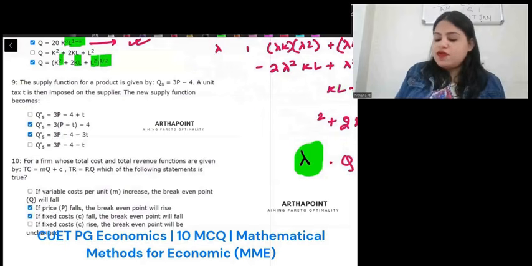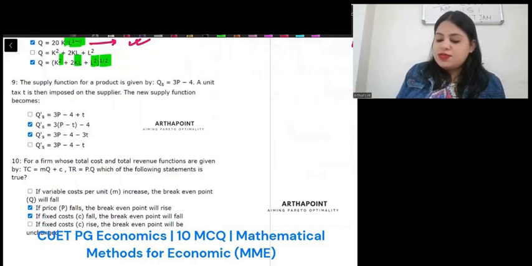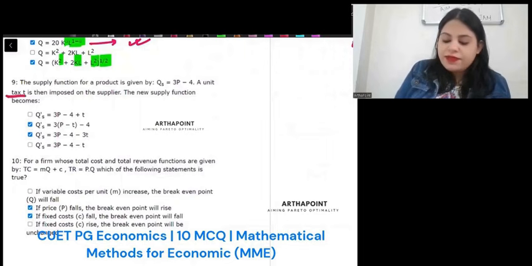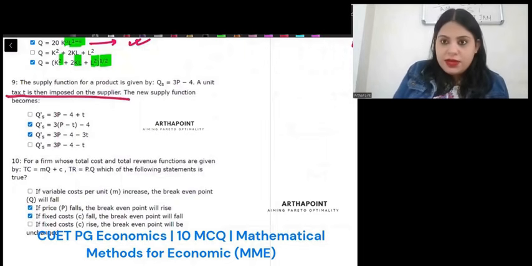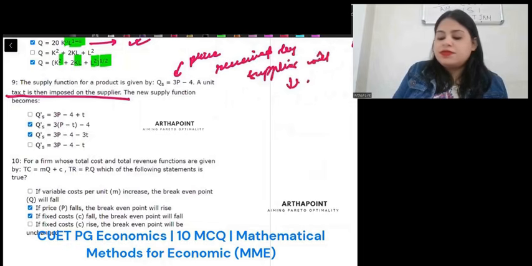The supply function of a product is given by QS is equal to 3P minus 4. A unit tax is imposed on the supplier. So, beta, whenever you are imposing a tax on the supplier, the price received by supplier will decrease.